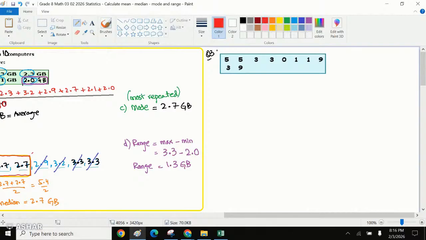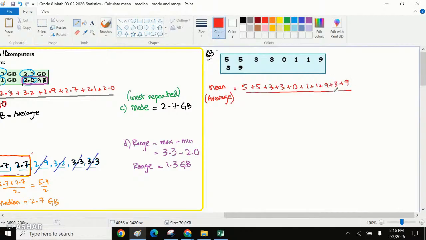If we need to find the mean or the average, what do we need to do? We need to add all the numbers. We can say 5 plus 5, 1, 2, 3, 4, 5, 6, 7, 8, 9, and 10. That means 5 plus 5 plus 3 plus 3 plus 0 plus 1 plus 1 plus 9 plus 3 plus 9.